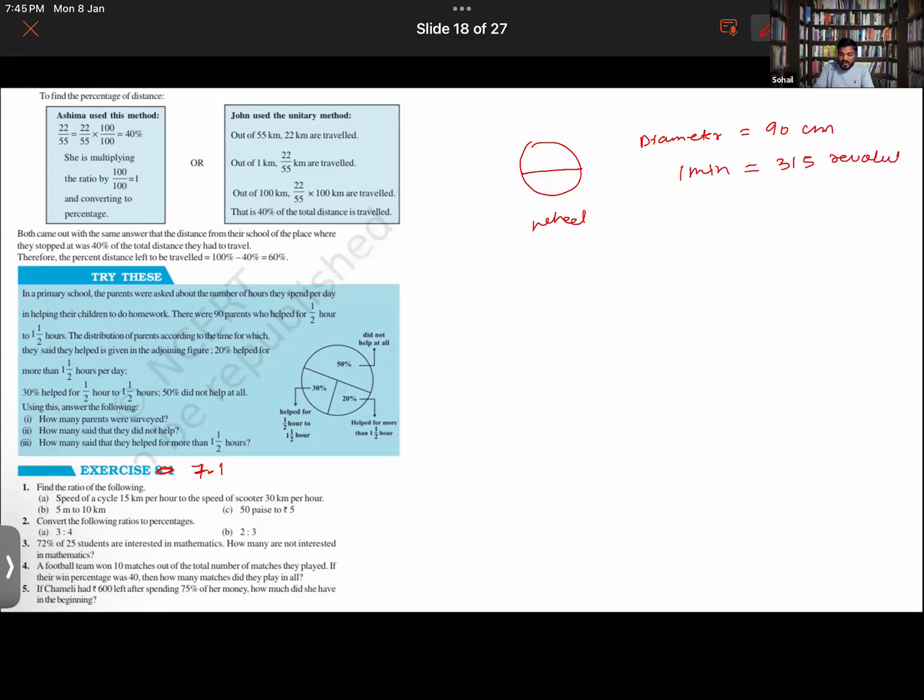Getting it, Ahmed? Yes, sir. Now the question being asked is that you have to find its speed, in kilometer per hour.